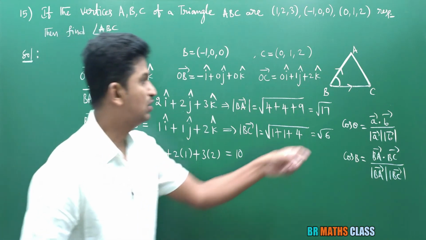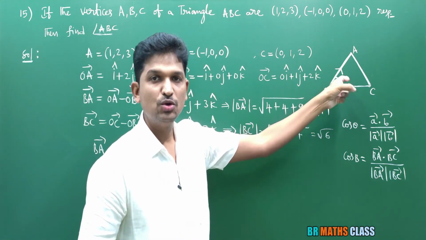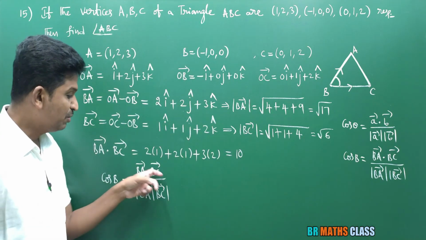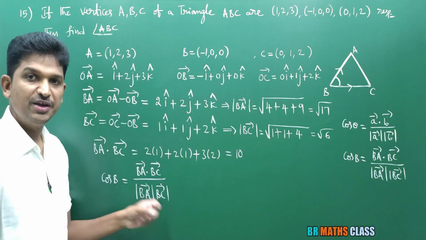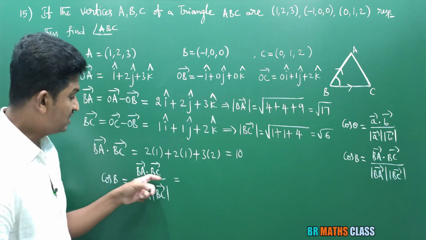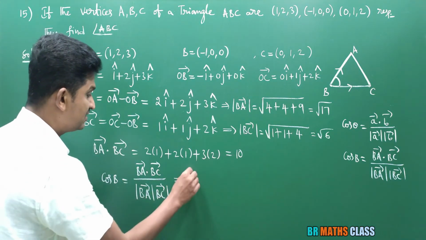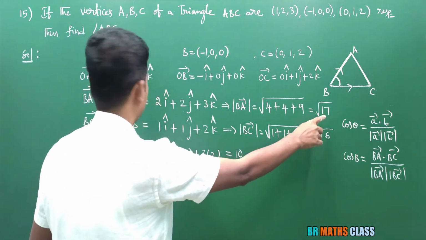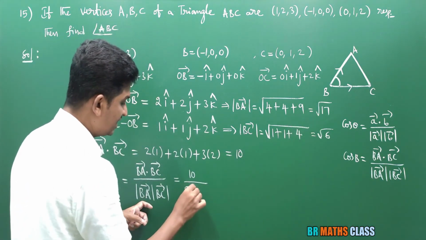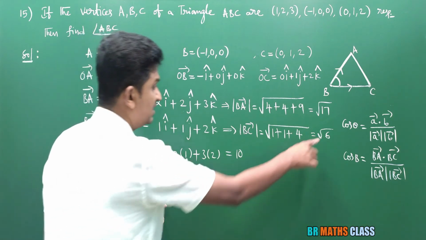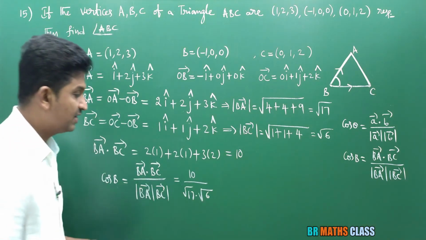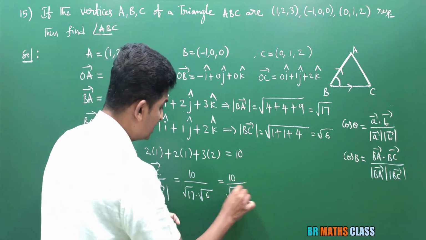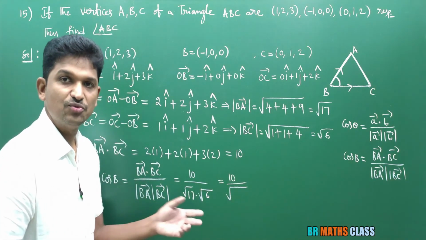To calculate angle B, this is the formula. Cos B is BA bar dot BC bar divided by magnitude of BA bar into magnitude of BC bar. We got BA bar dot BC bar as 10, divided by the magnitude of BA bar, root 17, into the magnitude of BC bar, root 6. If I simplify this, I will get 10 divided by root over 17 into 6, that is 102.